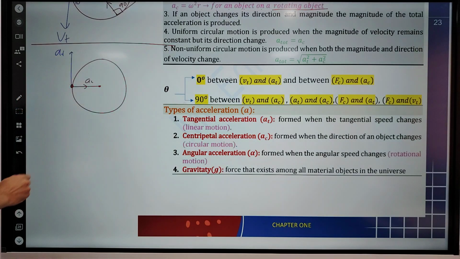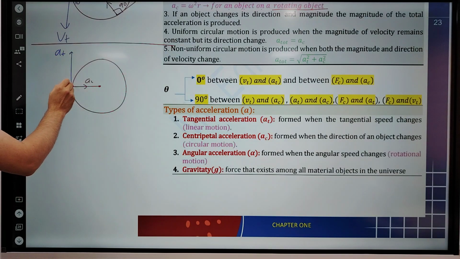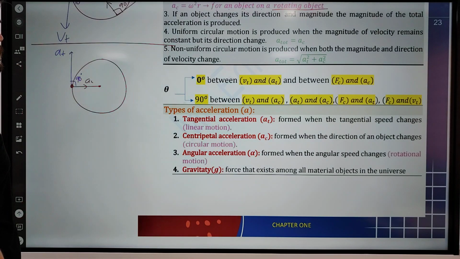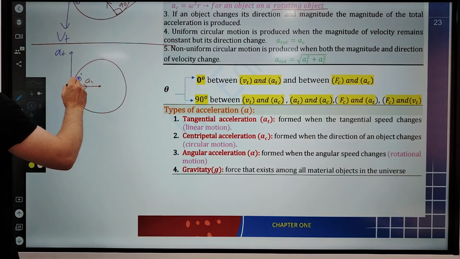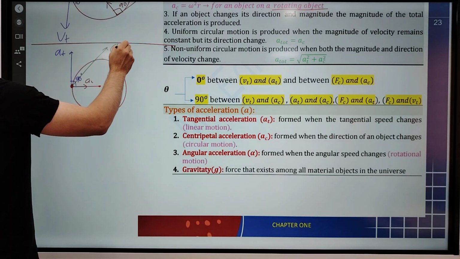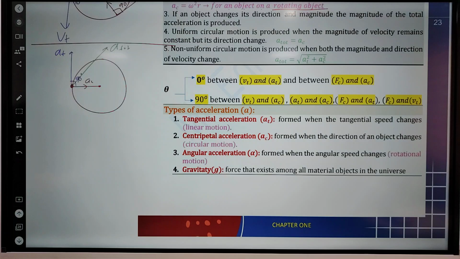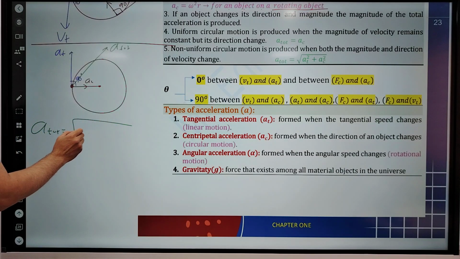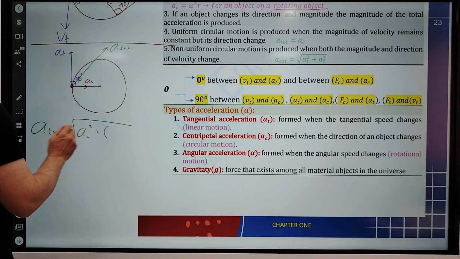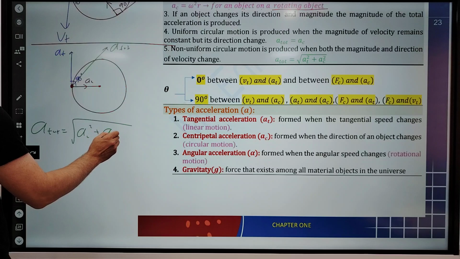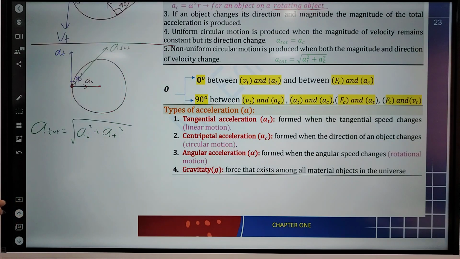Because these two vector quantities are perpendicular to each other, and AT and AC are always perpendicular, we can calculate the total acceleration by using the Pythagorean theorem, which is equal to the square root of AC squared plus AT squared.